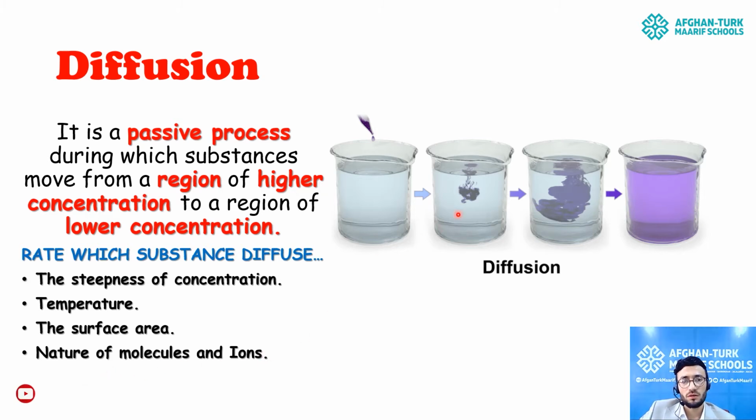In the law of motion, we understand that when molecules are small, they can diffuse or move faster than those molecules and substances that possess larger molecular sizes. Because of the larger molecular size, more energy is consumed, so molecules and ions which possess larger sizes tend to move slowly.